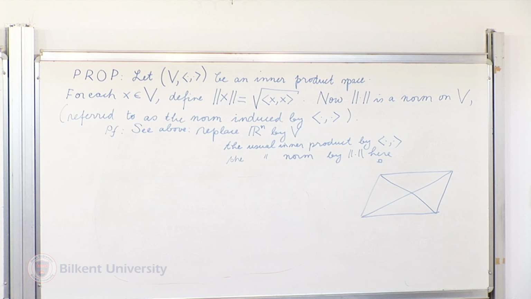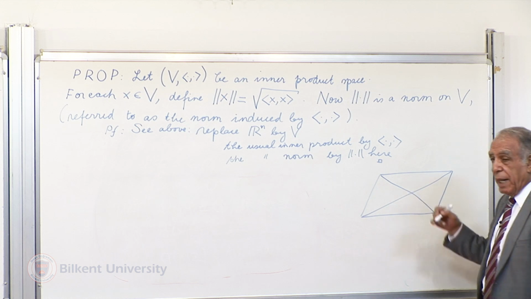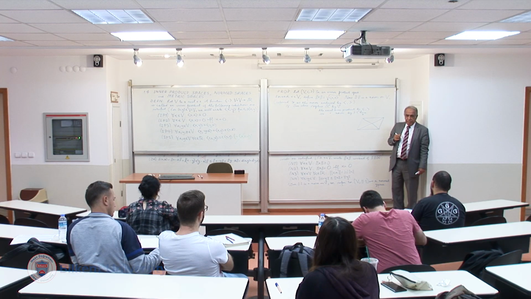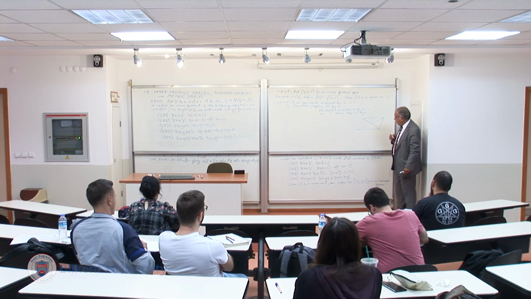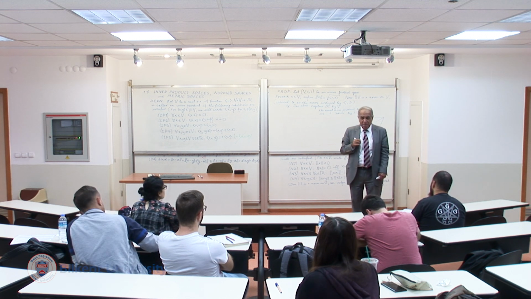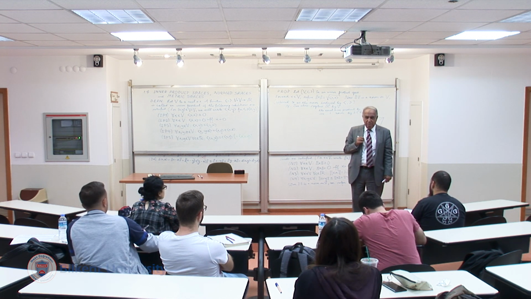How are the lengths of these two diagonals and the lengths of the edges of this parallelogram related to each other? Do you remember this parallelogram identity from high school?